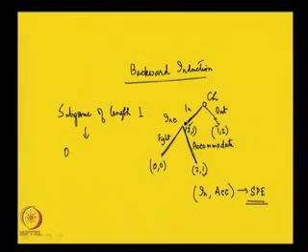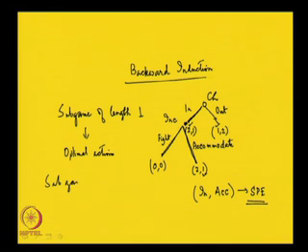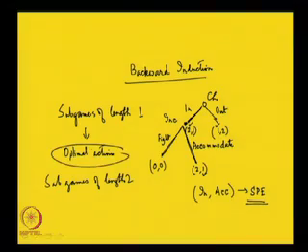I go backward and I look at the subgames of length 2. When I go to the subgames of length 2, we take these optimal actions as given.